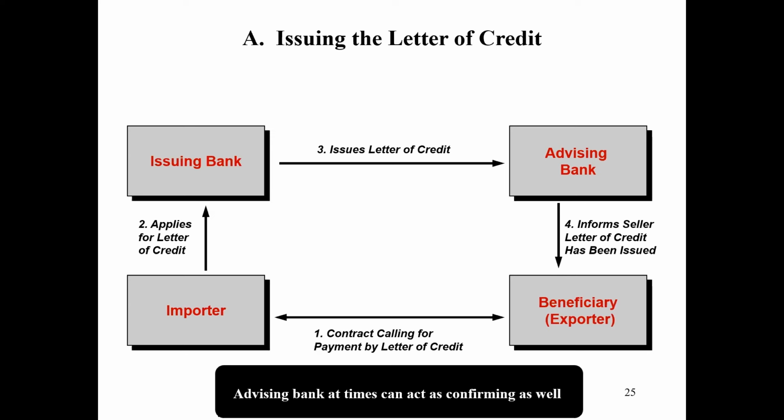Next, the importer or the applicant instructs his bank to open a letter of credit in favor of exporter or the beneficiary. After receiving instructions from the importer, issuing bank issues the letter of credit, which is sent to the advising bank. Advising bank then informs the beneficiary accordingly. Advising bank, as told earlier, can also act as a confirming bank.